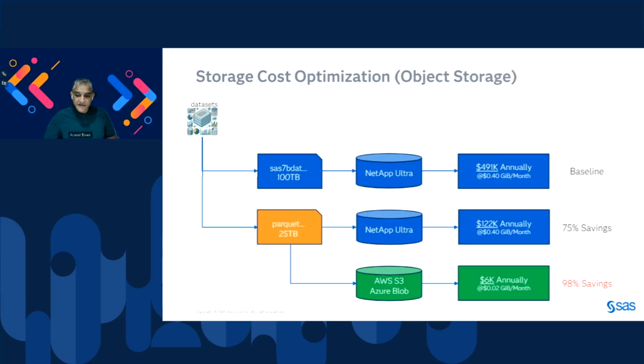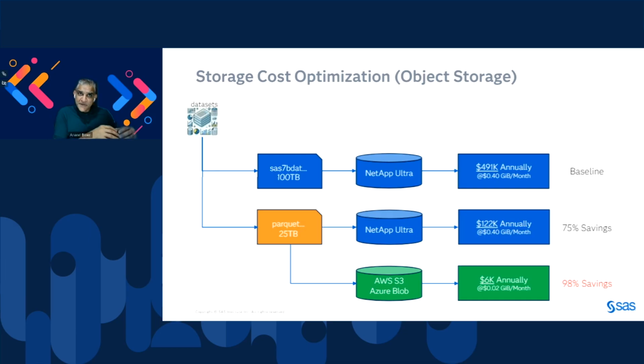And if we take it further and take this 25 terabytes of data and save it on an object store, for example AWS S3, where the cost of infrastructure is much different, around 2 cents per gigabyte per month, I would have to spend approximately $6,000 annually to save the same data set that was costing me close to $500,000 in NetApp Ultra on SAS data sets.